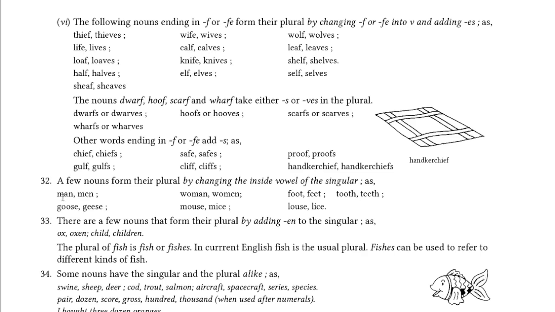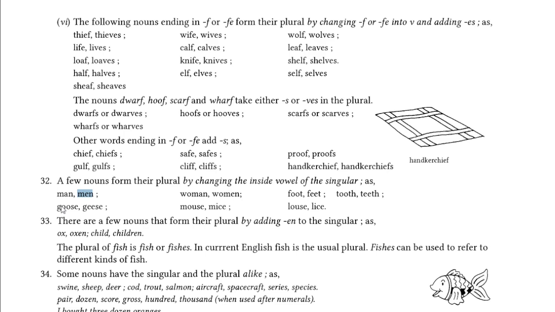Look at this set of nouns. Man is a noun in the singular number, and we simply change the inside vowel to get the plural form, men. Man, men. Goose is a very large duck that most people keep as a pet, like chicken.